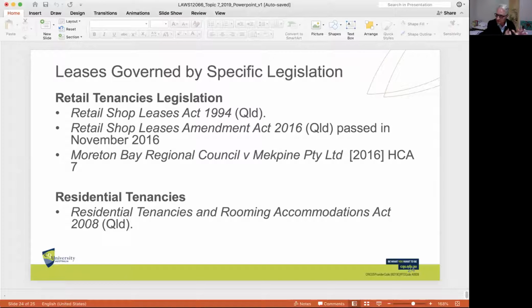There's an emphasis on informality, on parties doing things themselves, and also on plain language and simplicity as far as that can go. So just have an awareness of the regime that is relevant for residential tenancies.